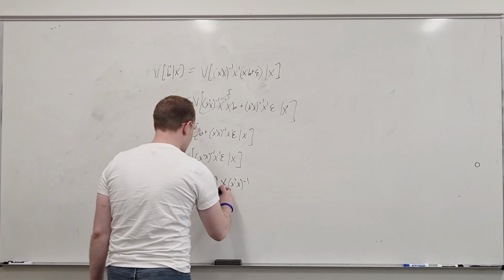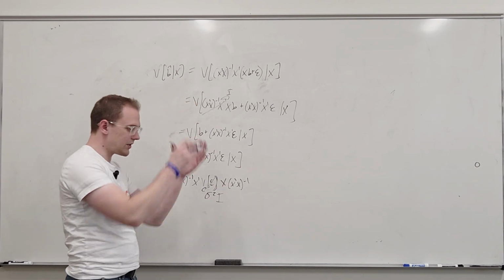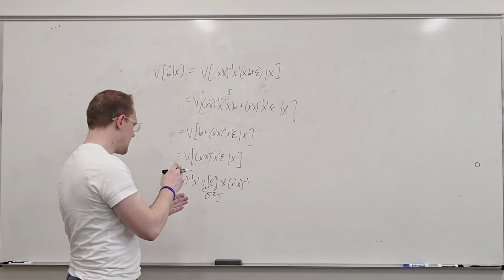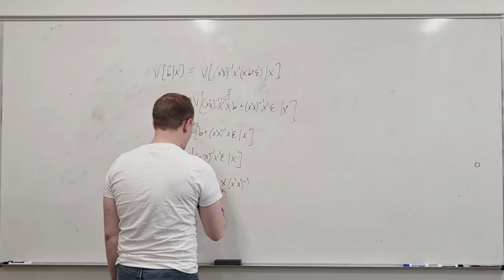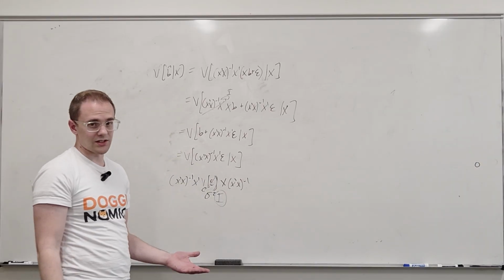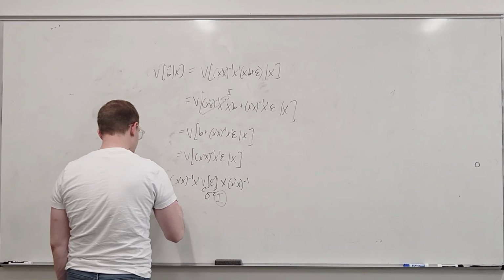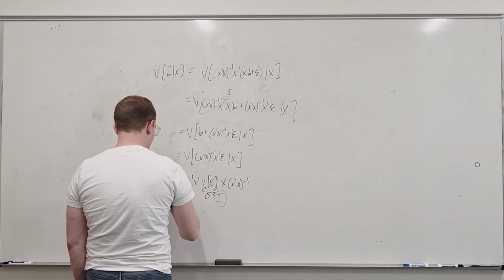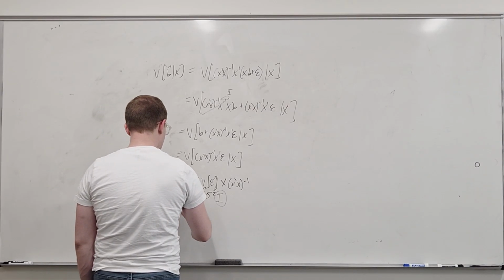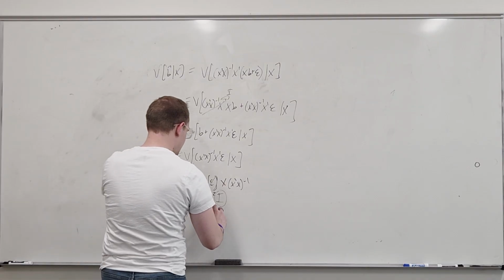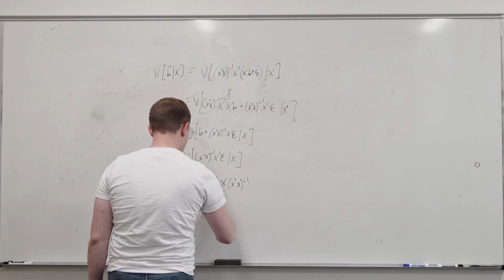Sigma squared, well, technically we got a matrix of diagonals, sigma squared times I, but we don't care about the I, and sigma squared is literally just a number. So we'll pull the sigma squared out here, right? Sigma squared (X'X)^-1 X'X (X'X)^-1.